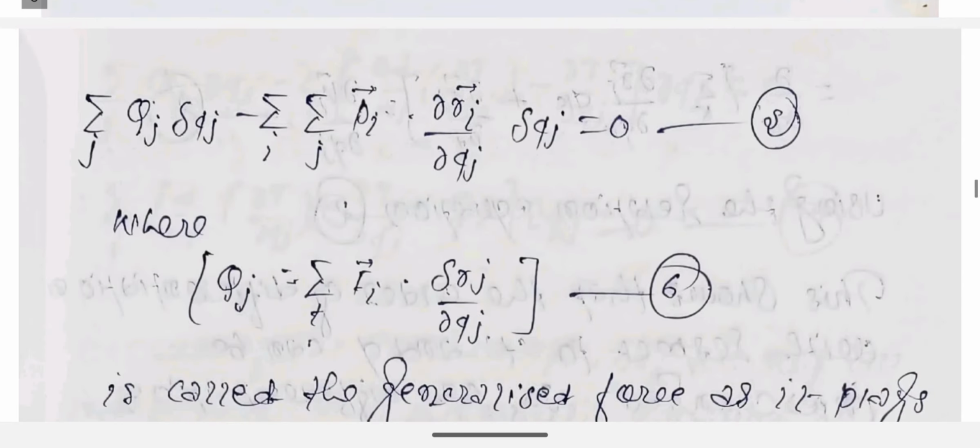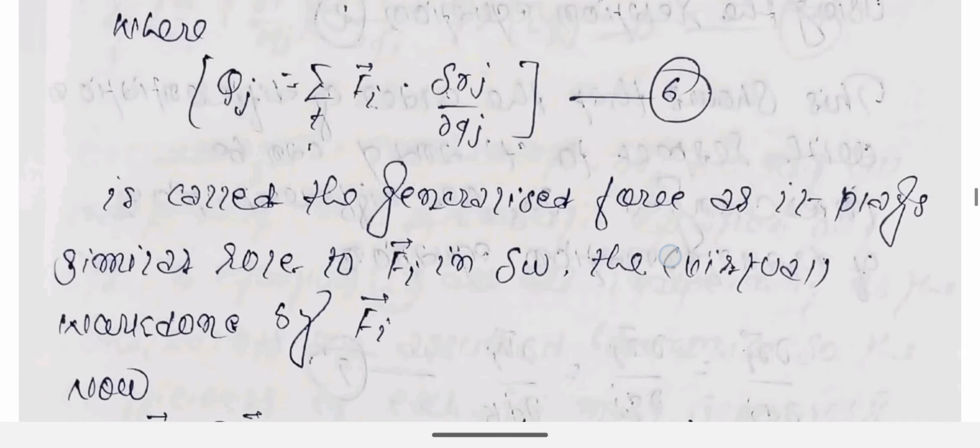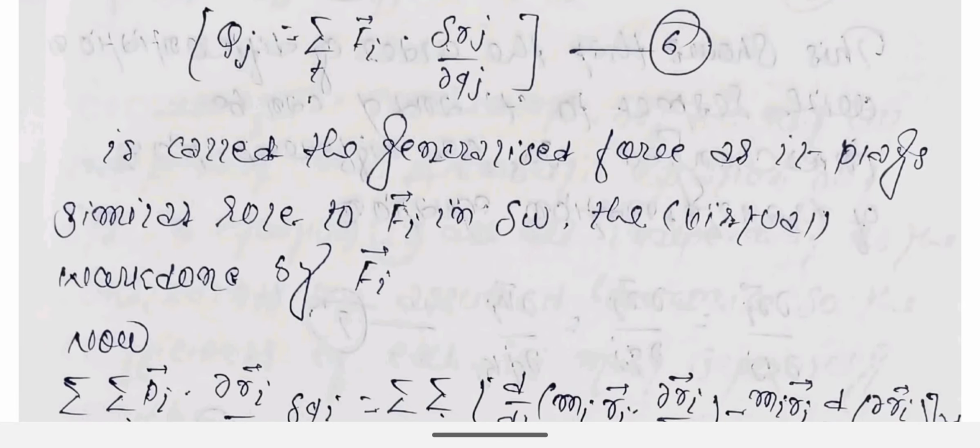And then we obtain sigma j Qj del qj minus sigma i sigma j Pi dot vector into del Ri vector by del qj del qj is equal to 0. This is equation 5, where Qj is equal to sigma i Fi into del Ri by del qj. This is equation 6.